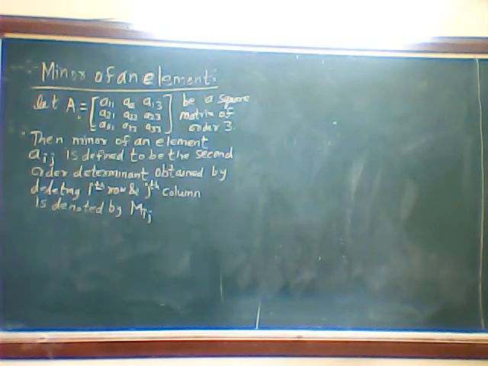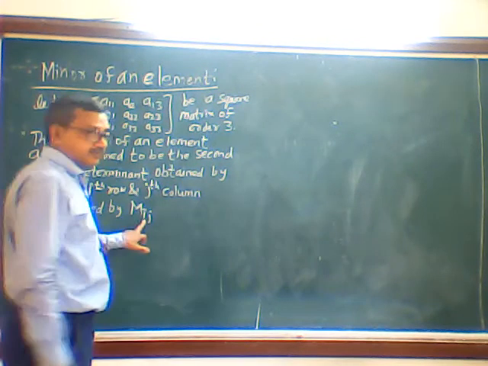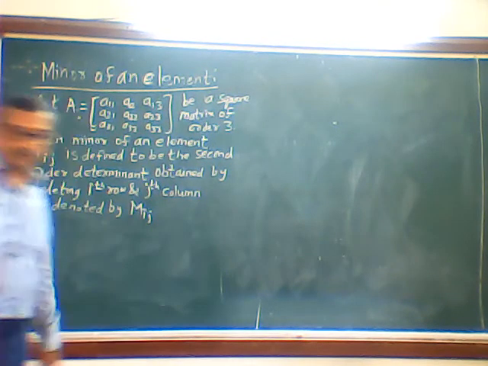M stands for minor. In Mij, i is the row and j is the column.